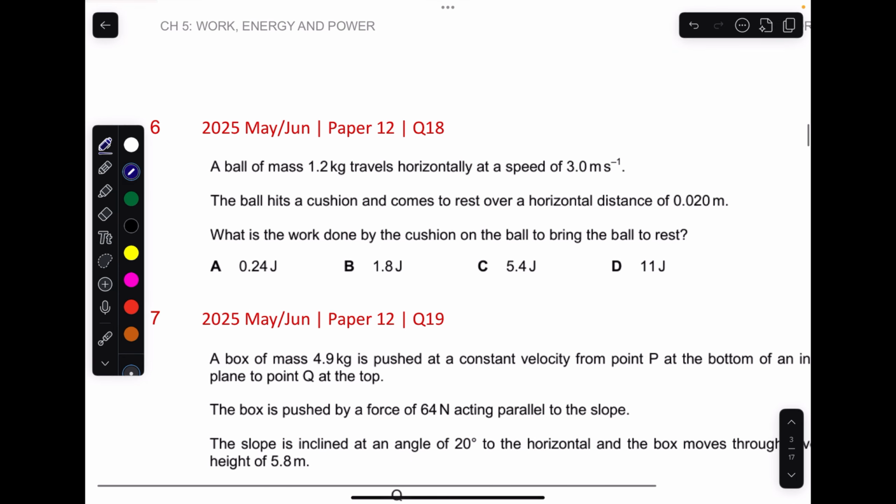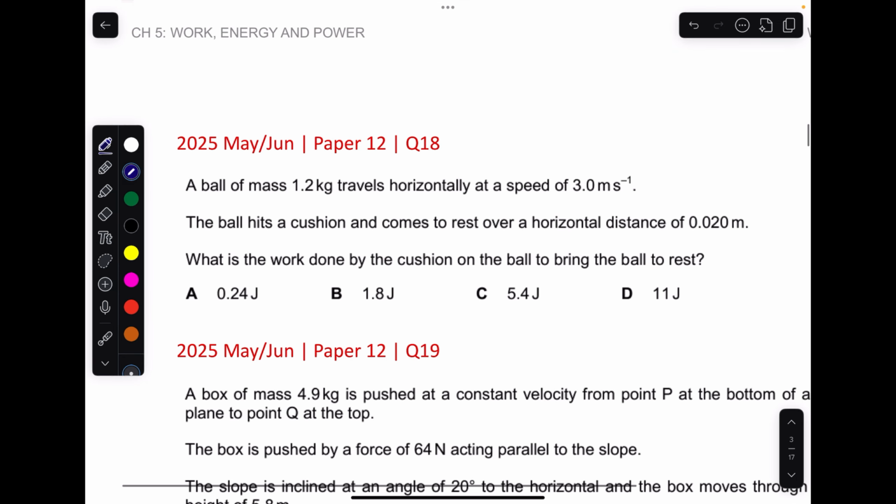Next question. A ball of mass 2 kg travels with a horizontal speed of this. You have a mass, you have a speed. A ball hits a cushion and comes to rest over a horizontal distance of this. You have a distance. What is the work done by the cushion on the ball to bring it to rest?